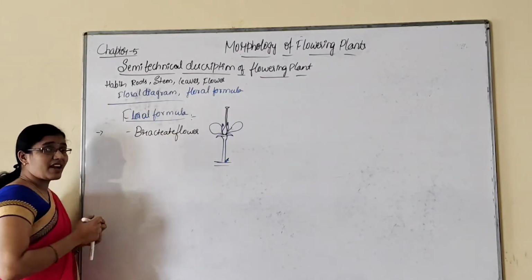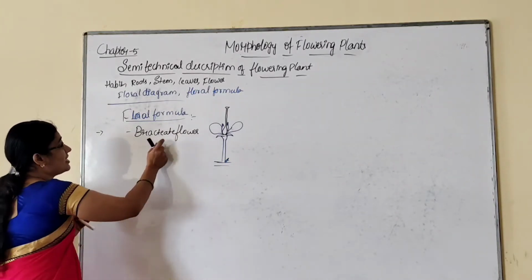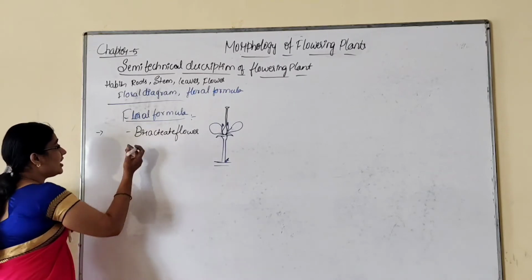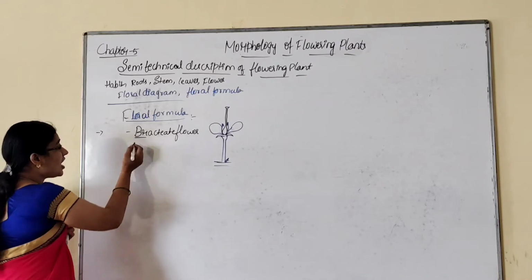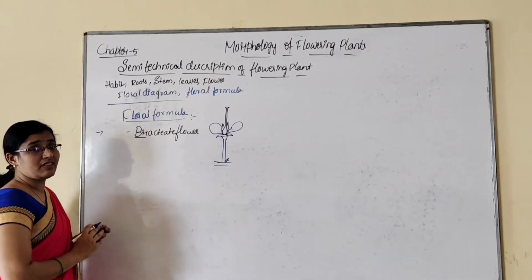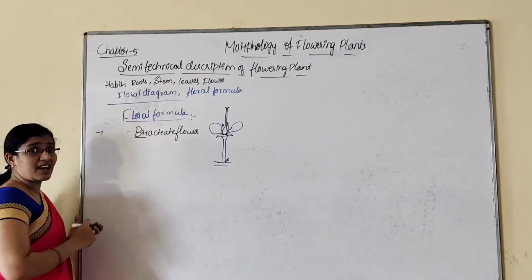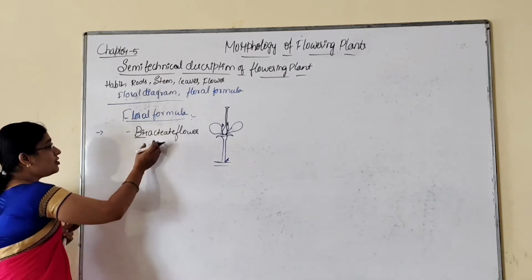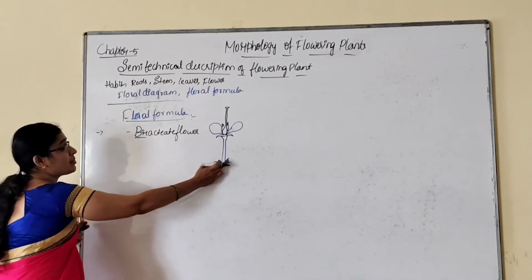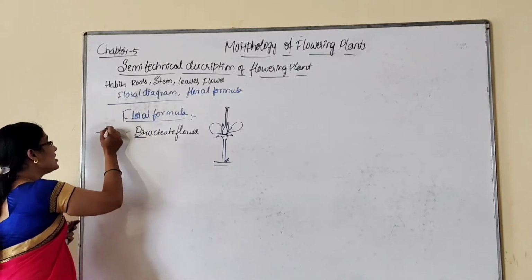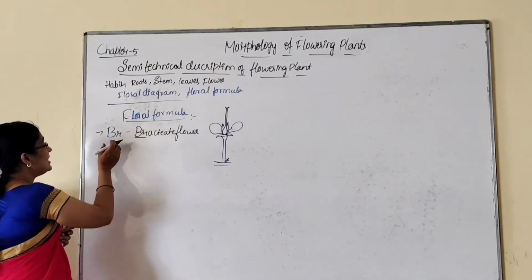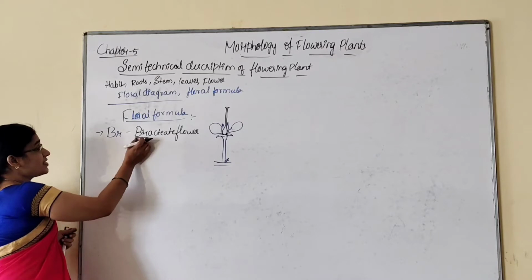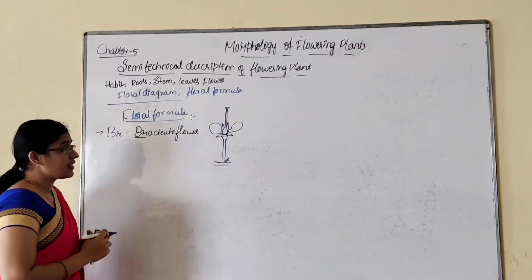So instead of writing the full word bracteate flower, here we take the starting two letters as a symbol. So capital B but small r, this represents the bracteate flower.